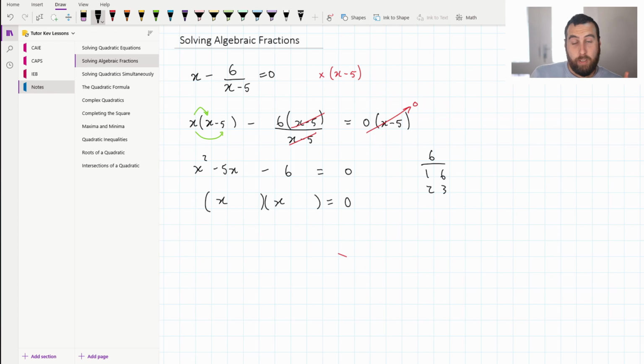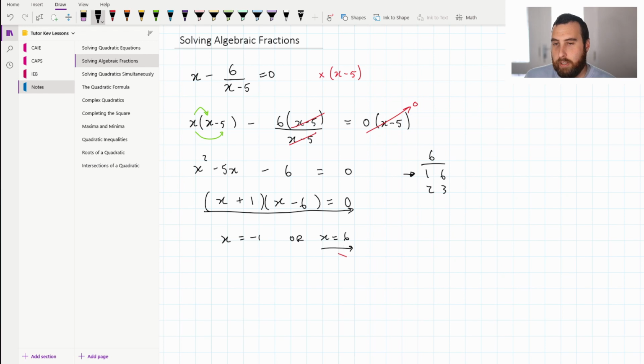However, because we have a minus 6, one of my factors must be positive and the other must be negative. And so I actually need to use this factor pair using a negative 6 and a plus 1, because that gives me negative 5. Then from this we end up getting two solutions, x equals minus 1 or x equals 6. And that is the solution to this problem.